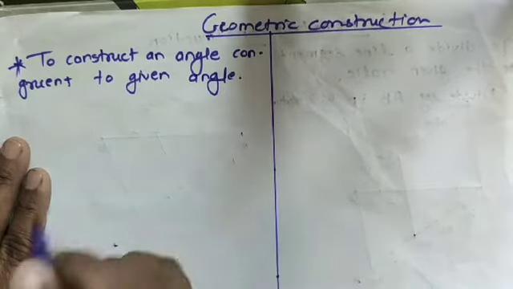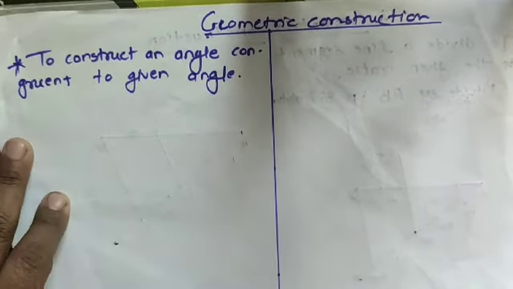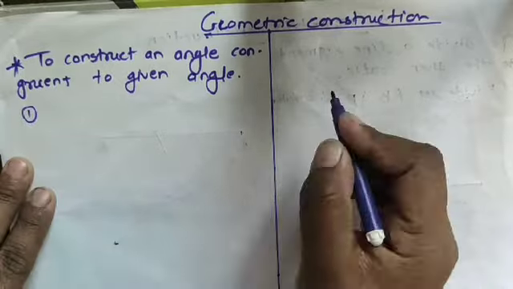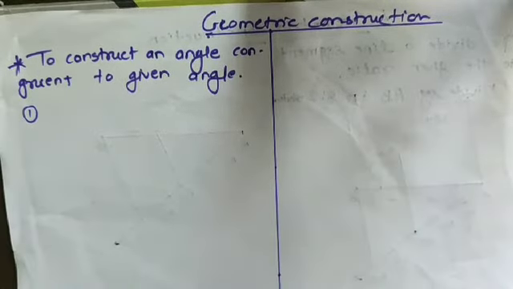Okay, so I will show you two constructions, one for an acute angle and one for the obtuse angle. So difficulties will not come whenever you are drawing this angle.